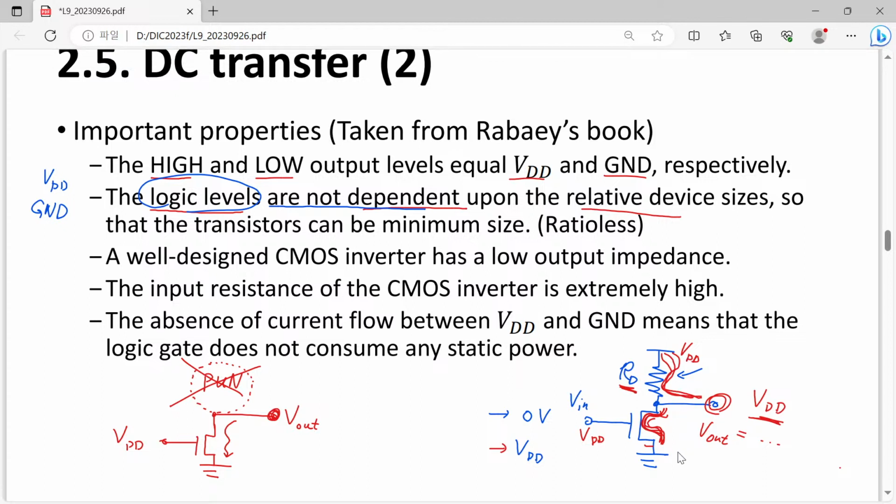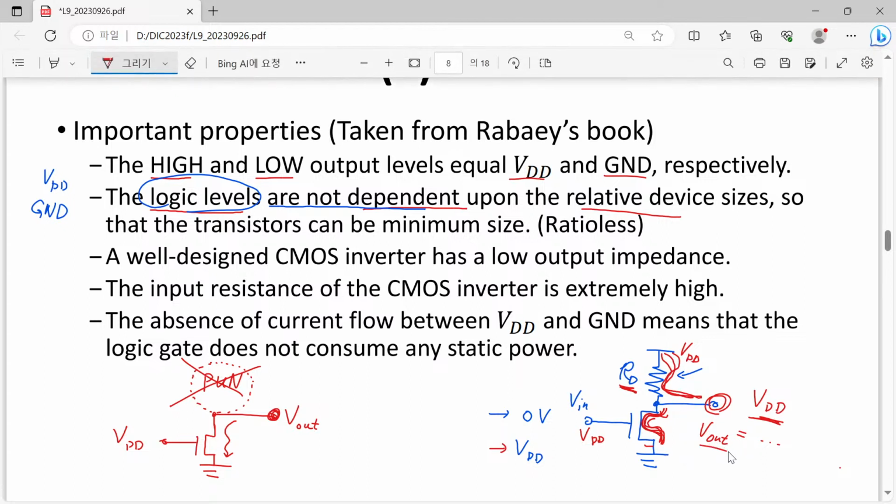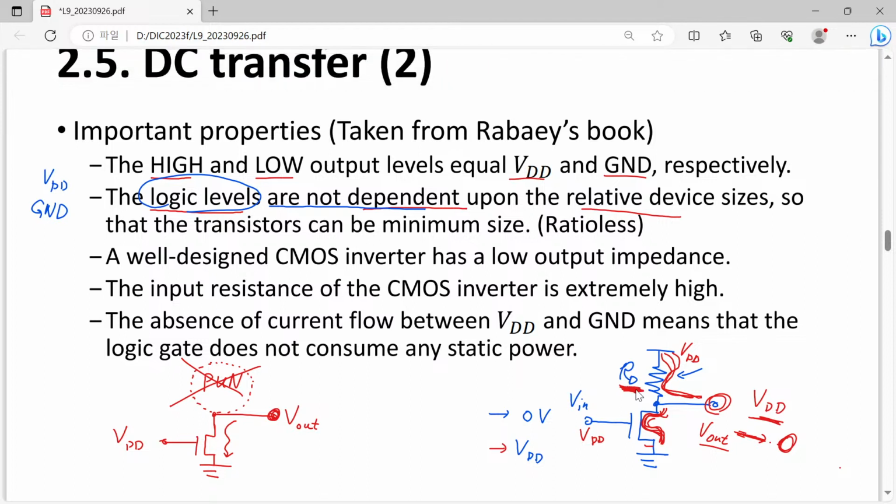Okay, if this MOSFET is quite strong, then our output will approach 0. And if this MOSFET is not that strong or just comparable to RD, then what will happen? Then our output value will be just in between 0 and VDD. Okay, so are you with me?